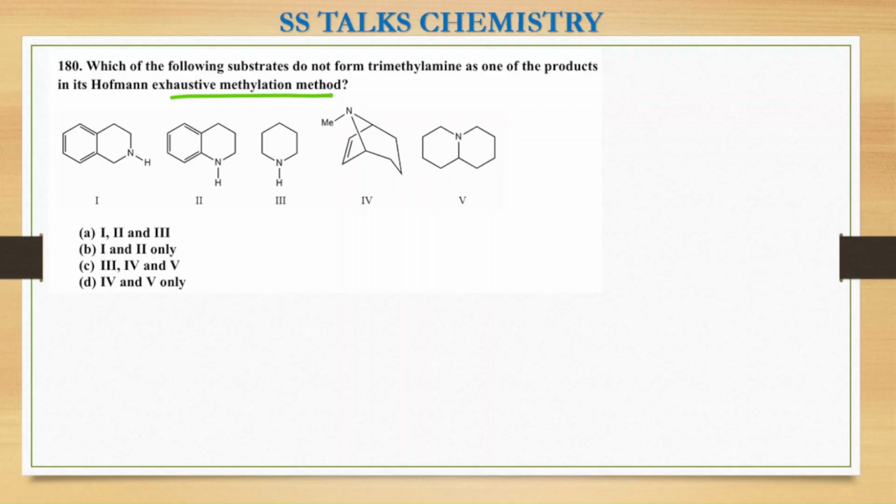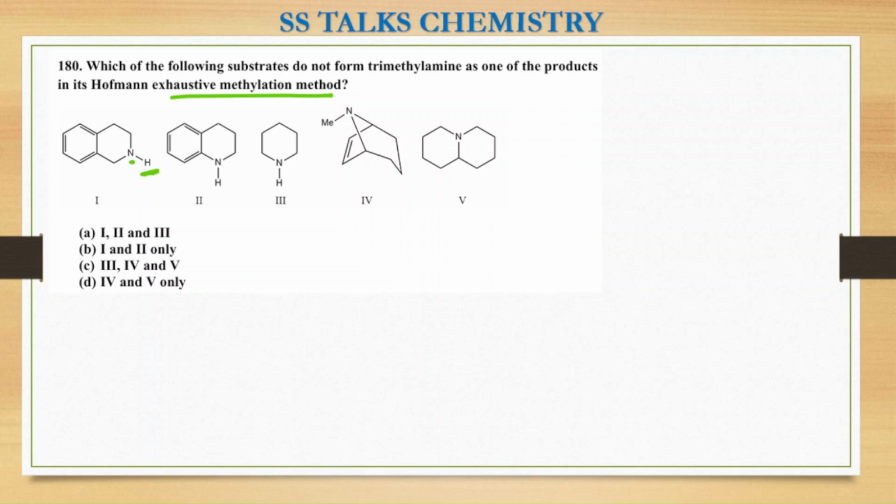So for that, each nitrogen atom should have a hydrogen atom attached, so that when we are treating that particular amine, this hydrogen atom can be replaced with methyl groups, right?